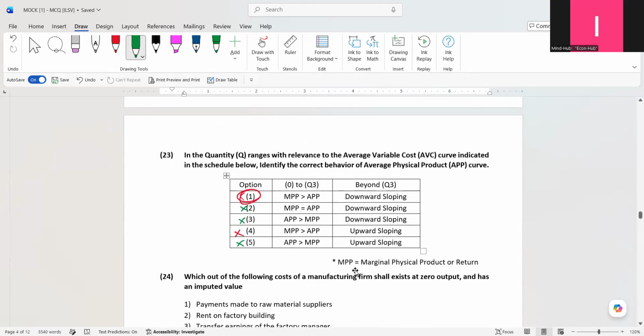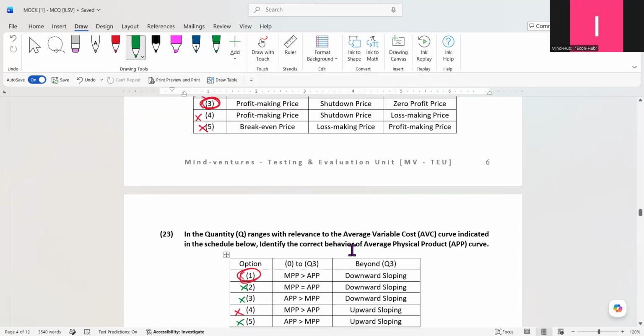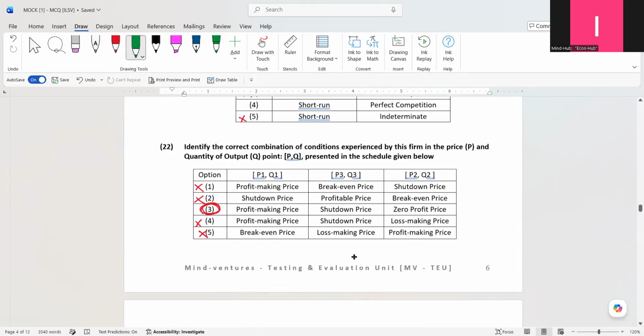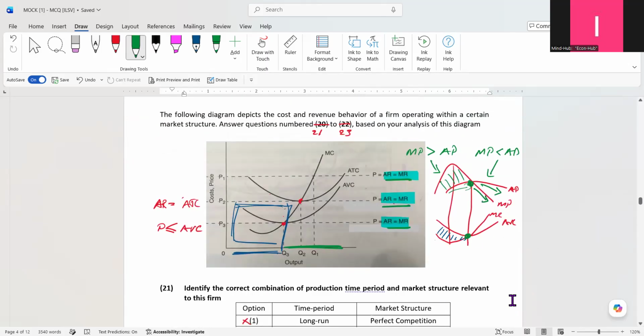Question 23. In which quantity ranges with relevance to the average variable cost curve indicated in the schedule below, identify the correct behavior of average physical product, APP. So to answer this, 0 to Q3, then beyond Q3, I've used another diagram here. So this basically is the lowest point of AVC.